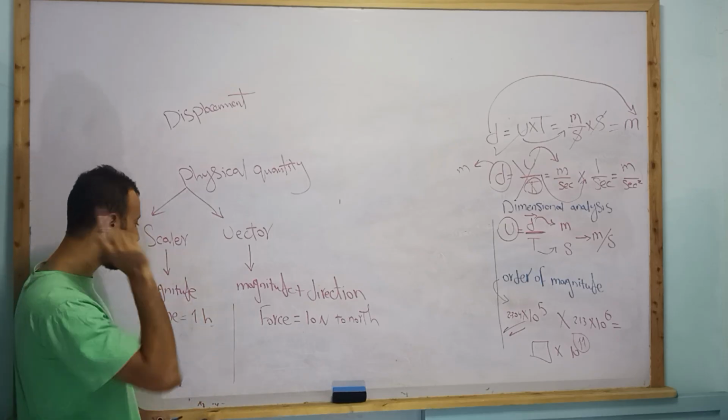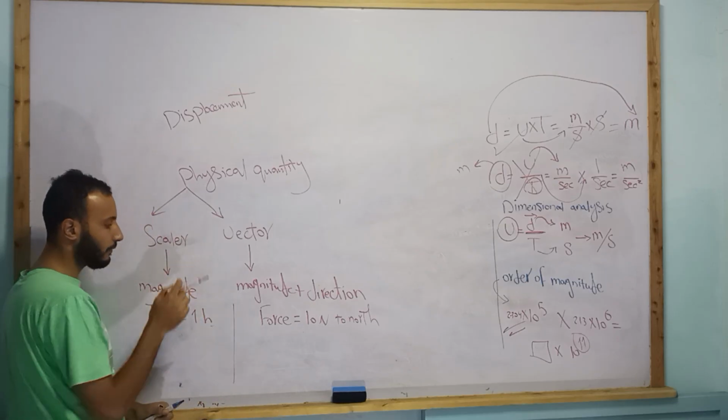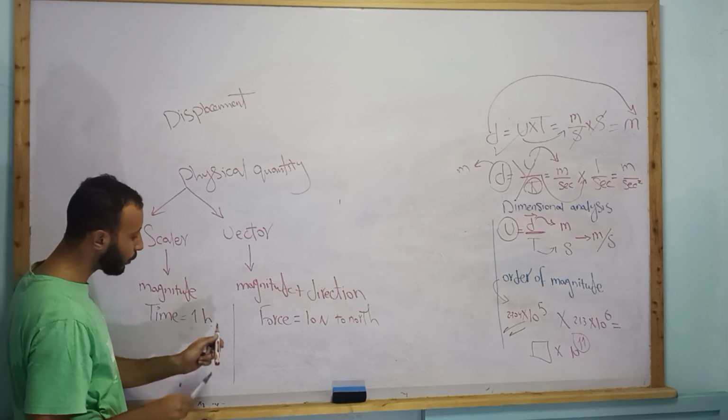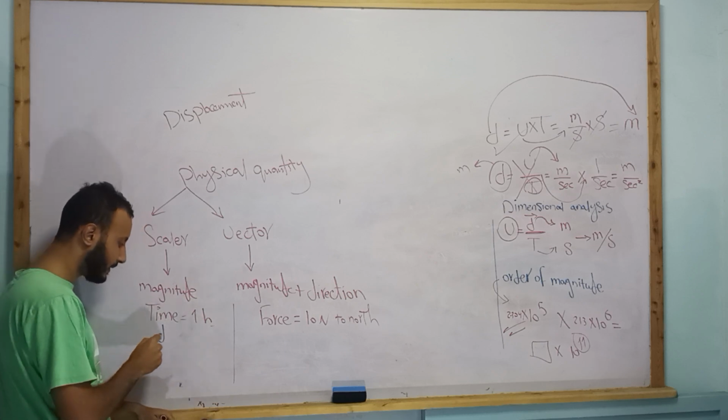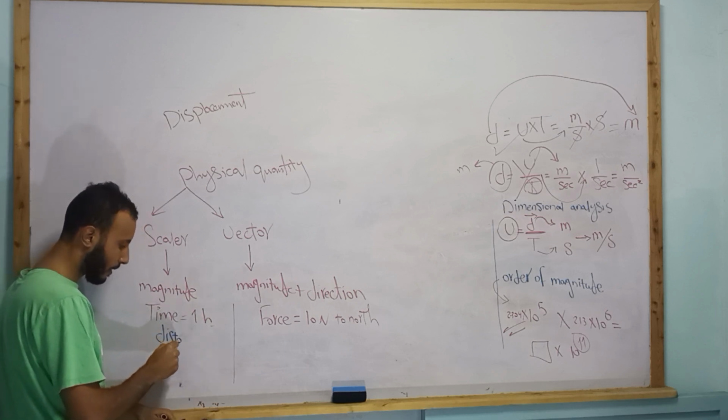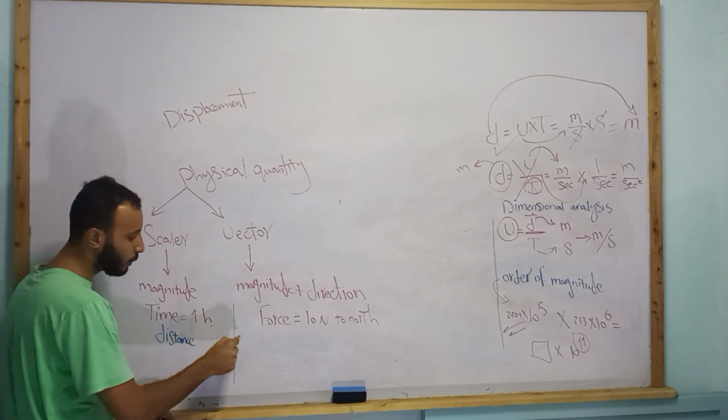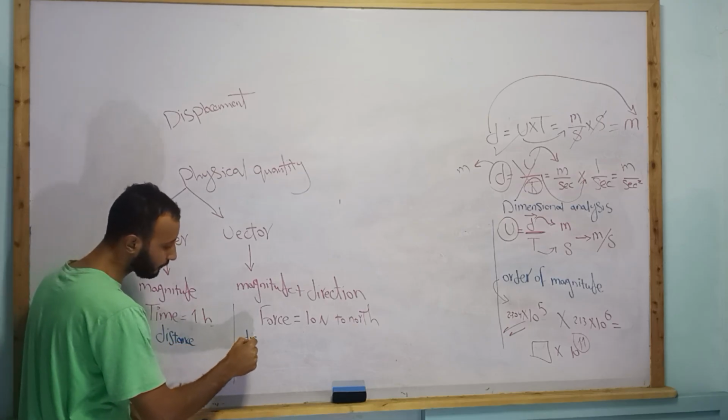So what other examples do we have of scalar and vector? These examples are so important. Here we have distance, and here we have something called displacement.